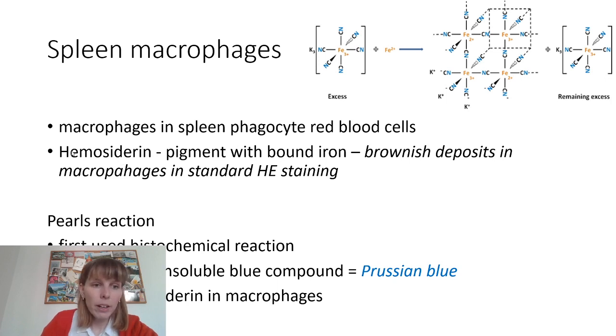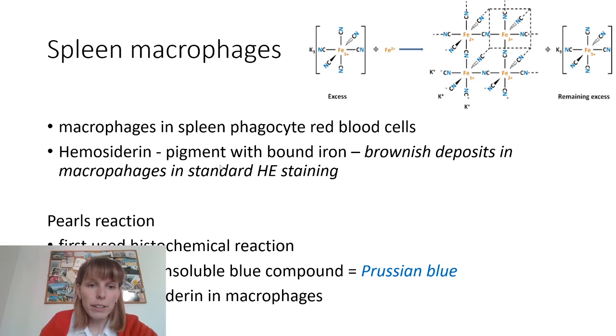Hemo reminds you of something to do with blood, and siderin some kind of pigment. So this is a pigment which has a lot of iron bound to it. Why iron? Because of course the red blood cells contain hemoglobin, which has a lot of iron ions bound to it. And this causes the hemosiderin to accumulate in the macrophages.